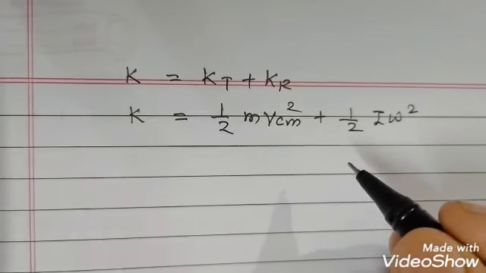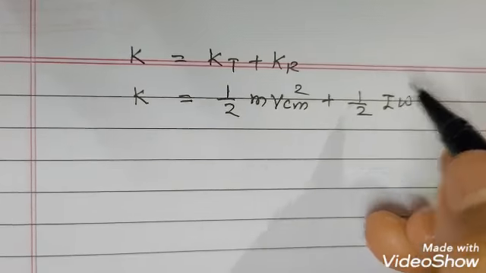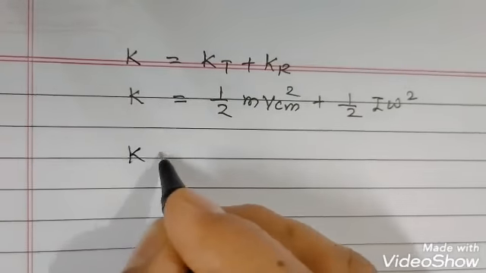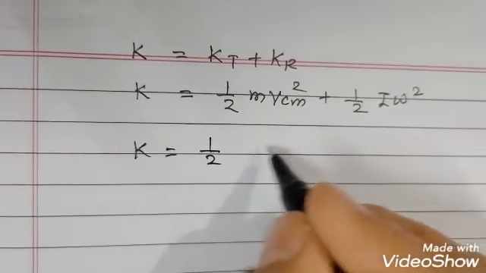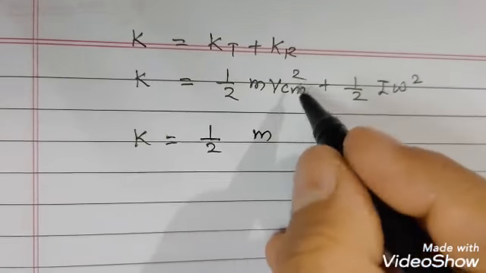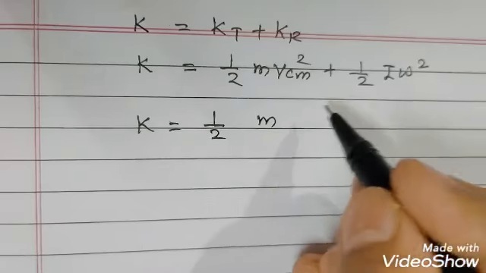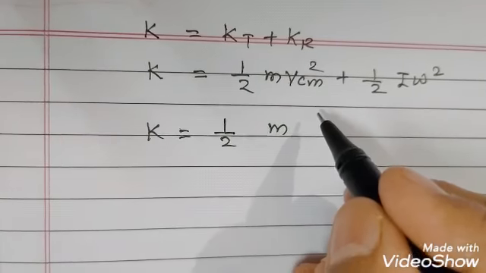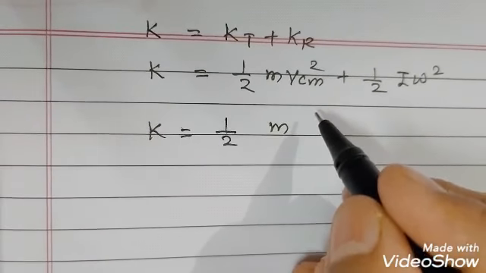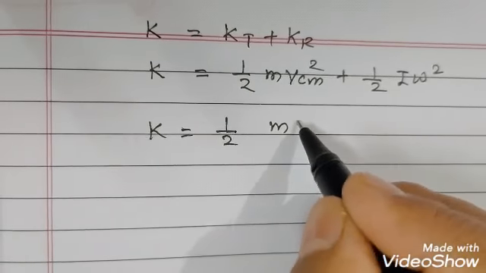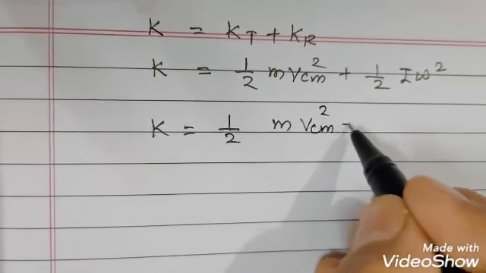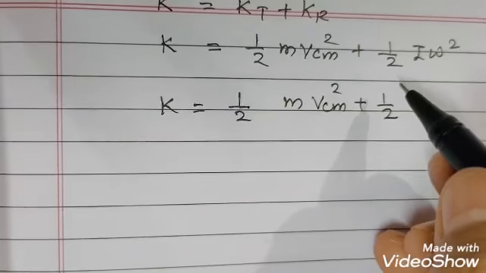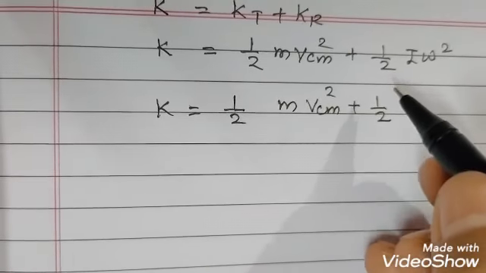Now we know that in this I omega square term, first of all, we'll take half common here, that is m, and VCM is given by here r omega. The VCM is given by r omega, or here first I am just writing this as VCM square only, and half. Now we'll see that the I is given as m k square.